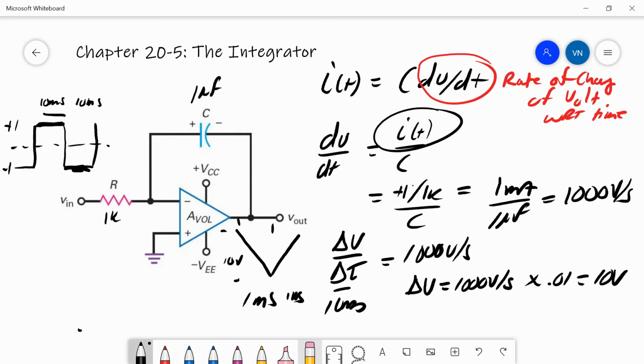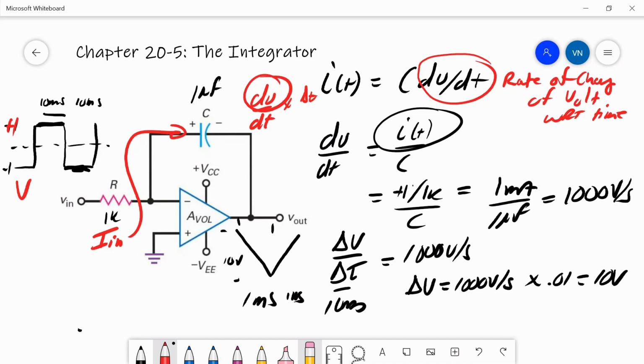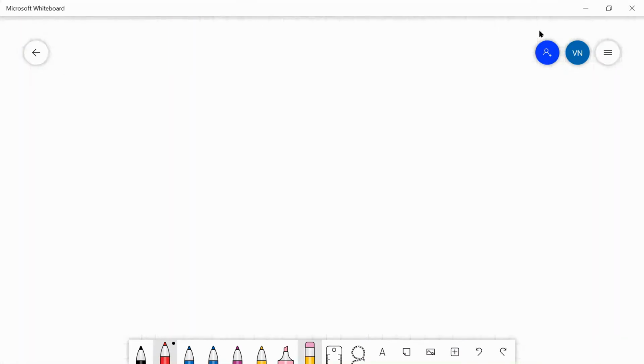So you take the input voltage, and from that you figure out the current going into the capacitor, and from that you get the dV/dt, the rate of change of voltage across the capacitor. You multiply that by the change in time, and you're left with the change in voltage, so you know the total change in voltage with time, and then you can draw a little sketch of the output.